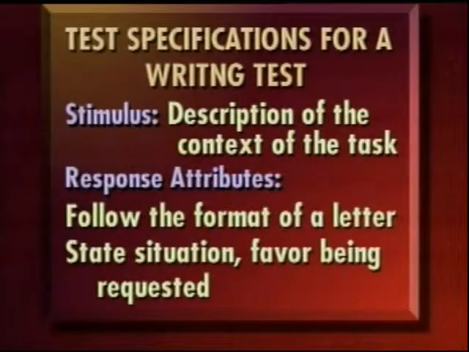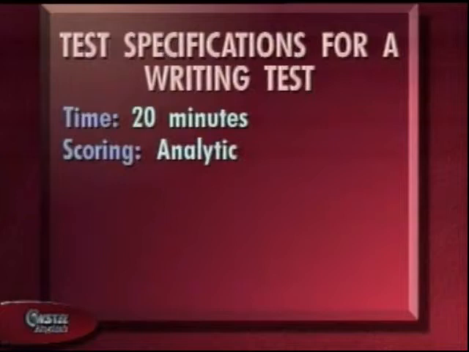The stimulus is a description of the context of the tasks. The letter to be written should have the attributes of a letter and should make use of the functions stated earlier. The letter should be written in 20 minutes. The scoring procedure is analytic.